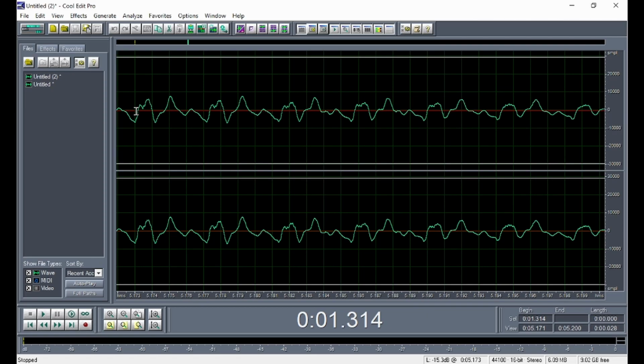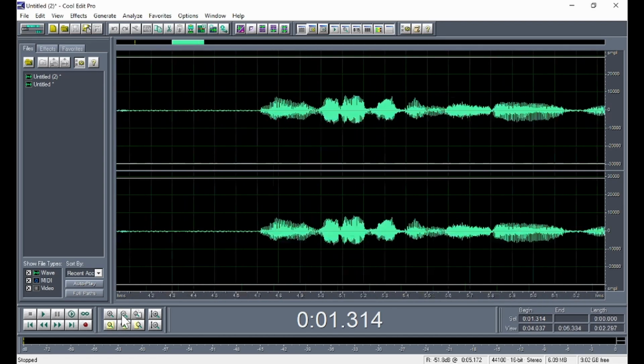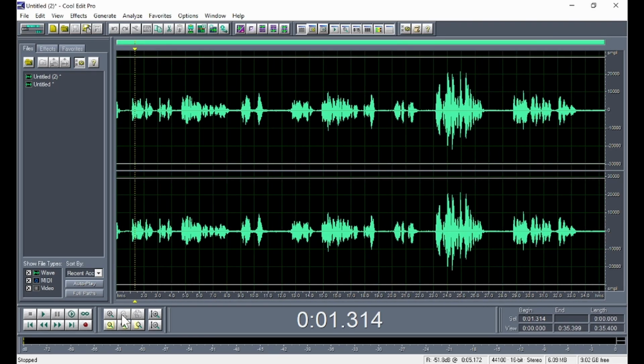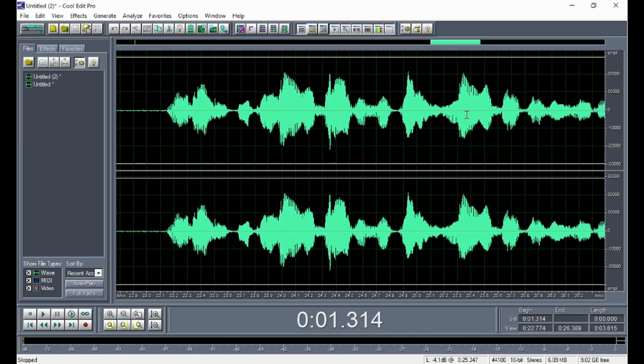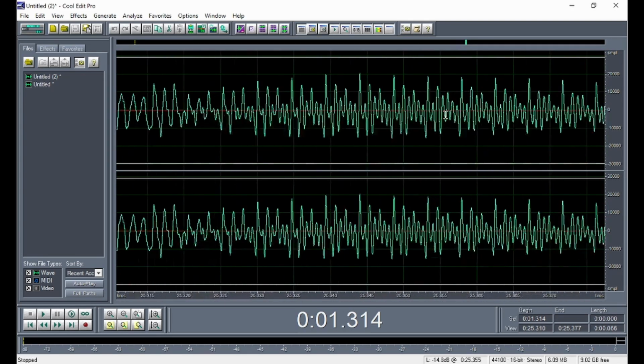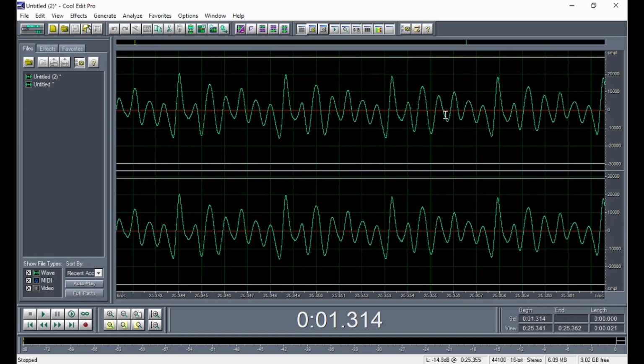Because there are so many, when you zoom out, you see them like this. So usually when we hear audio or see audio on a computer, this is how we see it. But when you go into it, you see that they are just waves like this.